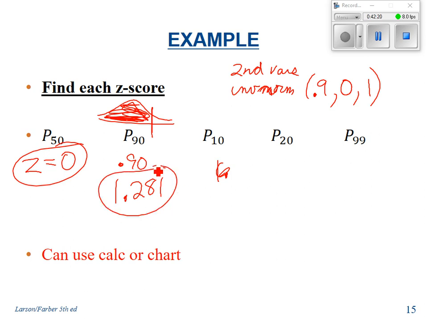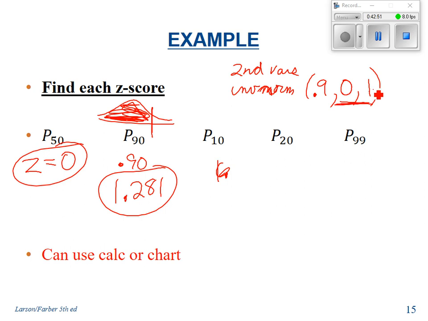Does everybody agree that our z-score for 90% could be a positive 1.2 something? Maddie, is that what you got? You don't technically have to put in the mean or the standard deviation when you're working with z-scores. All right, Maddie's saying you don't have to put these in. I probably put them in there just because when we do raw scores, we're going to have to put them in so that it understands it.